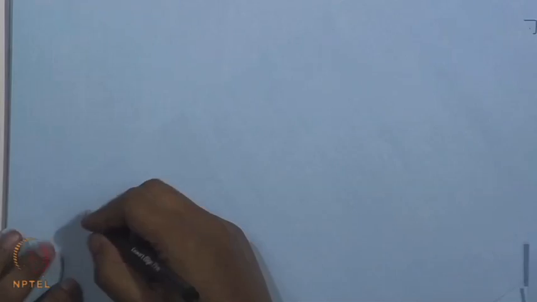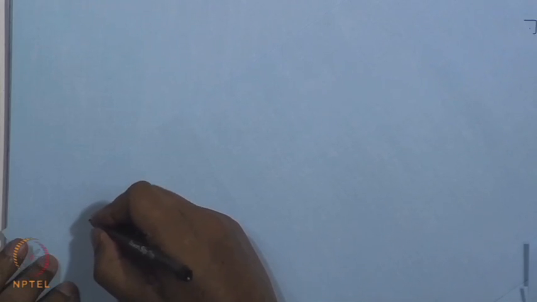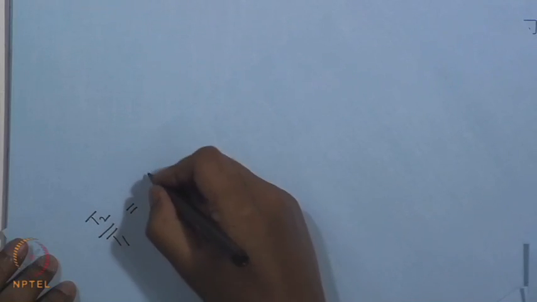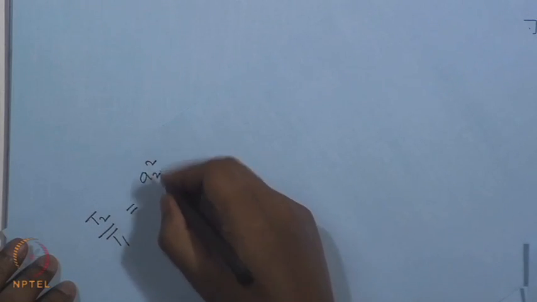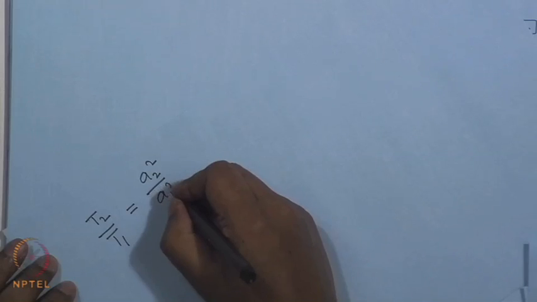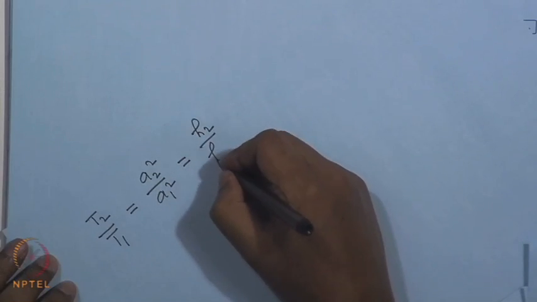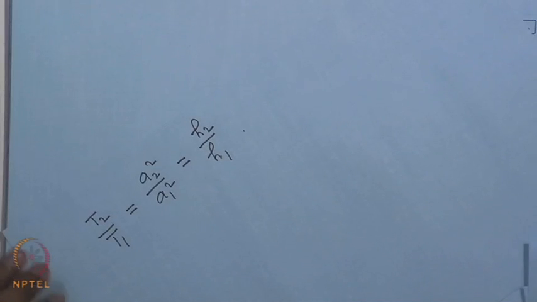Further, from the temperature ratio we can obtain the ratio of speed of sound at the two stations as well as the ratio of the enthalpy at the two stations, which are given as T2 by T1 for perfect gas.